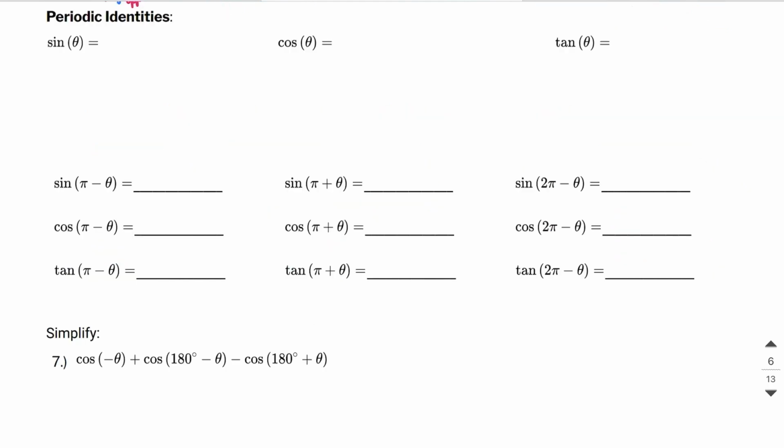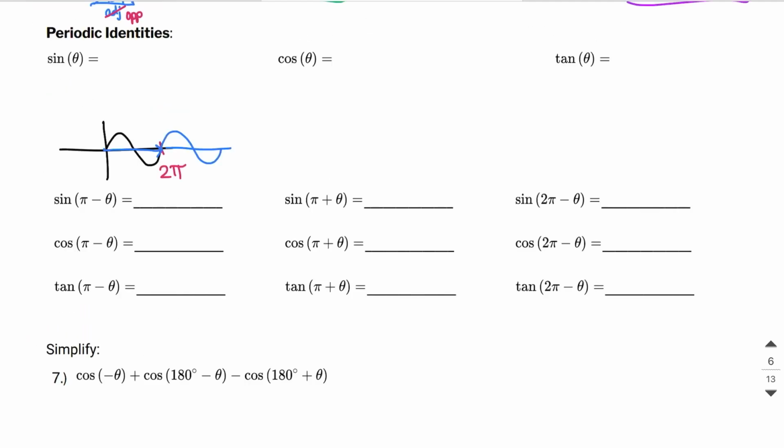Okay, so some periodic identities. If I take a sine function, which completes a full cycle in 2 pi, right here. So if I were to do a shift over of 2 pi, it would be the exact same function, like I haven't changed anything. Or if I were to shift everything to the left over by 2 pi, it would still be the exact same function right here.